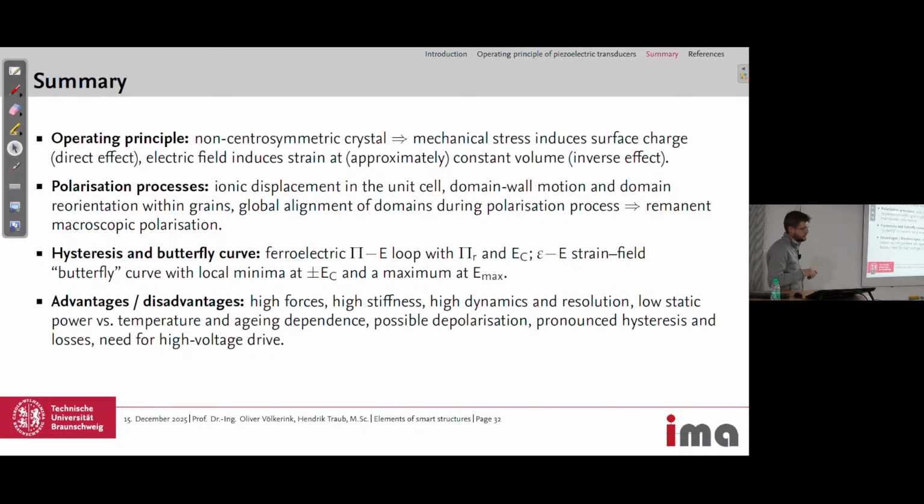So the operating principle we can state is the non-centrosymmetric crystal. And with this, the mechanical stress induces a surface charge. So this is the direct effect, or an electric field induces a strain at approximately constant volume. This is the inverse effect.